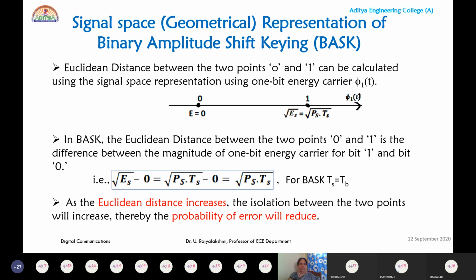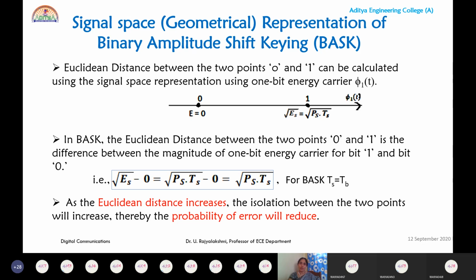So our intention is to calculate the Euclidean distance. This you can calculate by taking the representation of 1-bit energy carrier in signal space. This diagram is also called geometrical representation or signal space representation.